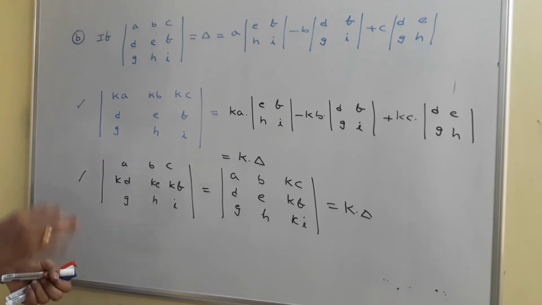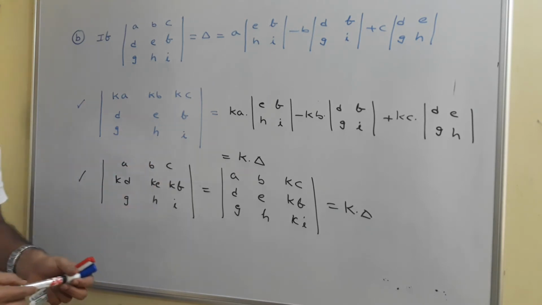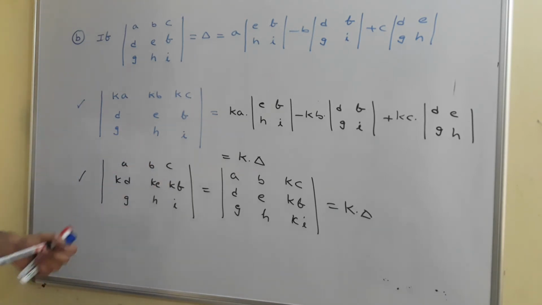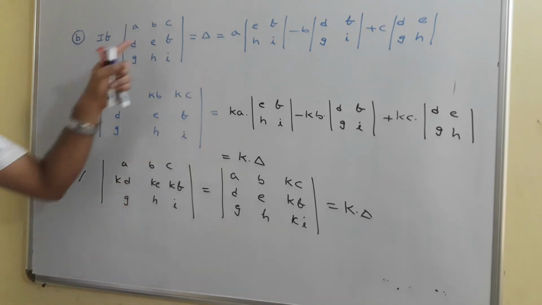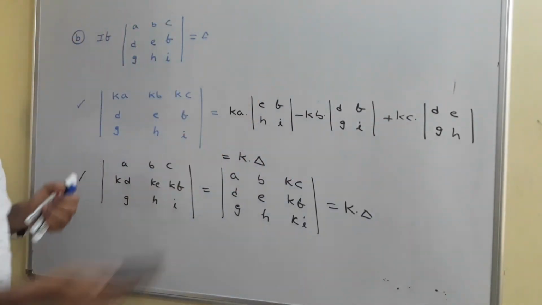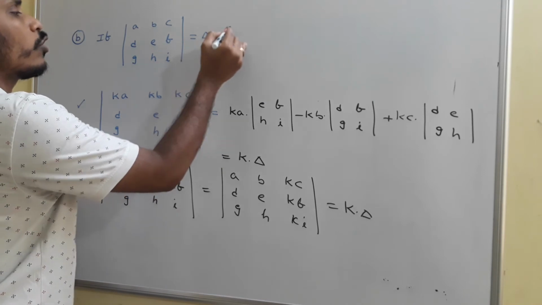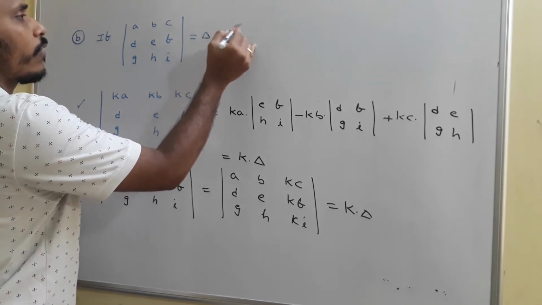Okay, right. I will erase it for space concern, and then I will give you another idea. For suppose, the determinant of the given matrix is delta. You just keep that in mind. And then for suppose, if you multiply all the three rows with K, then what will happen?